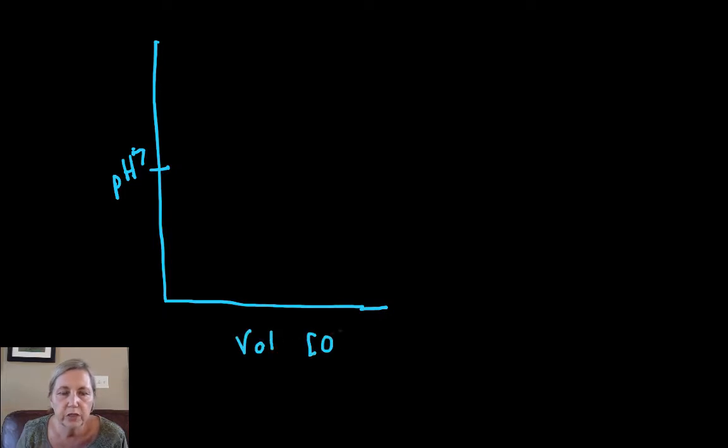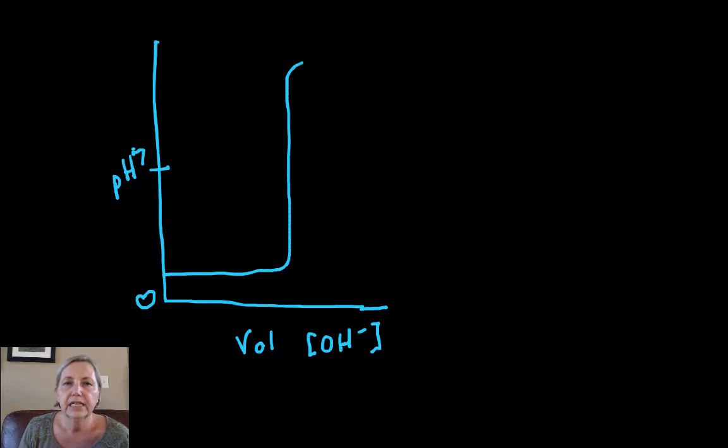Or I'm just going to look at hydroxide because I don't really care about this sodium ion. It could have been potassium hydroxide. It just needs to be a strong base. Okay, and then this is 0. And I'm going to be titrating an acid, so it's going to start at a very low pH. And as I add my hydroxide, as my volume increases, when I reach the equivalence point, my titration curve will shoot up and then level off.